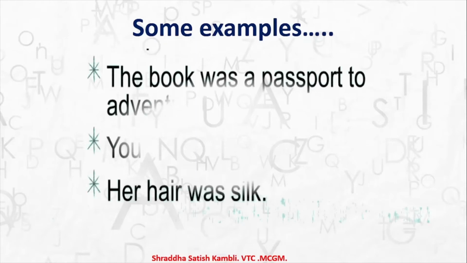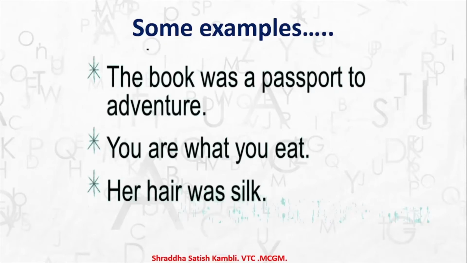Okay, coming to the next, we will see some examples of metaphor. So you have, the book was a passport to adventure. So the book was so thrilling that it was almost like being in an adventure. So the book was a passport to adventure, in which you're comparing the book with a passport. You are what you eat.